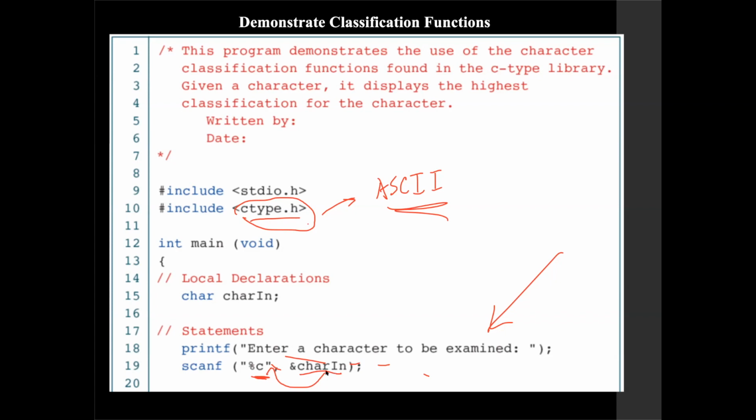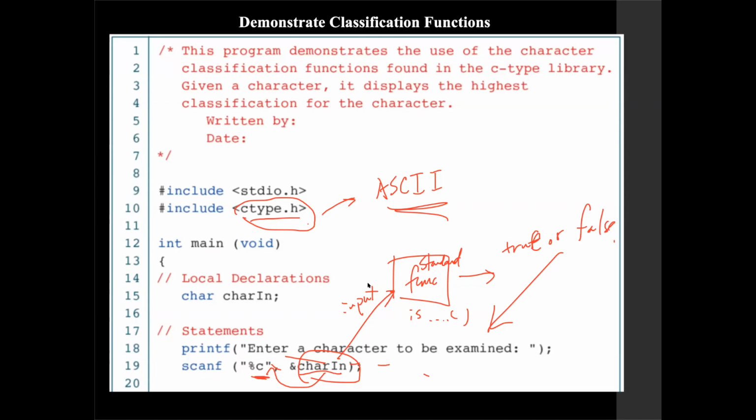And this char input would be the one that you would use as input to these standard functions. The standard function will then give you either a true or false as a return. Okay, so let's look at the next page.